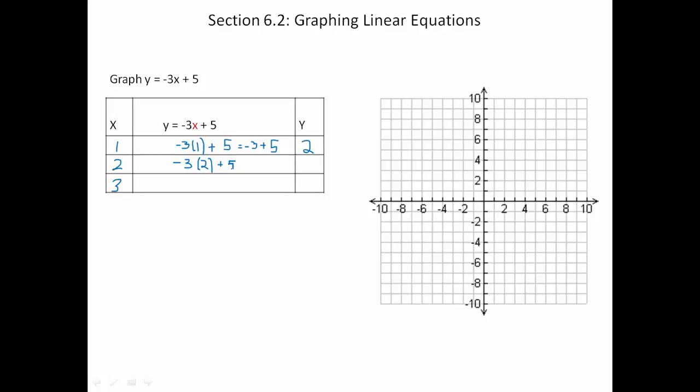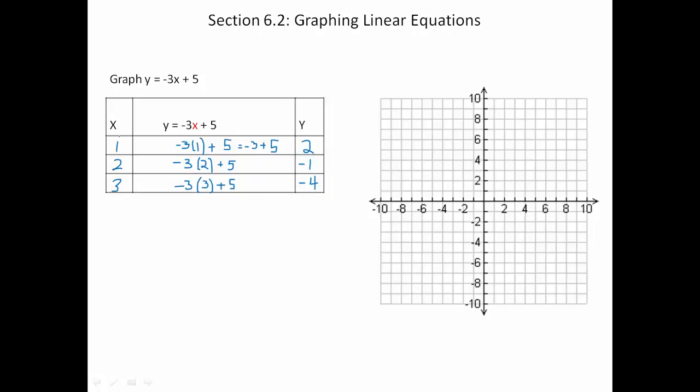Negative 3 times 2 is negative 6, and negative 6 plus 5 is negative 1. And then last, I have negative 3 times 3 plus 5. Well, negative 3 times 3 is negative 9, and when I do negative 9 plus 5, I get negative 4.